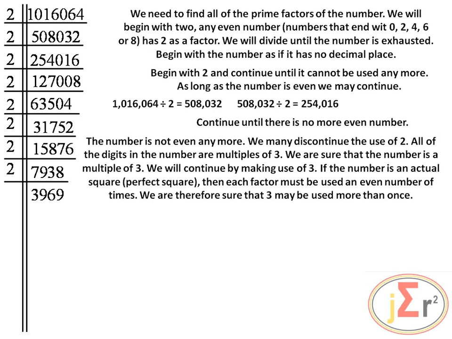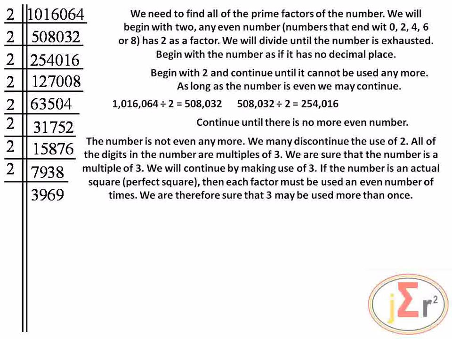We will continue by making use of 3. If the number is a perfect square, then each factor must be used an even number of times. We are therefore sure that if this number represents a square, 3 may be used more than once.